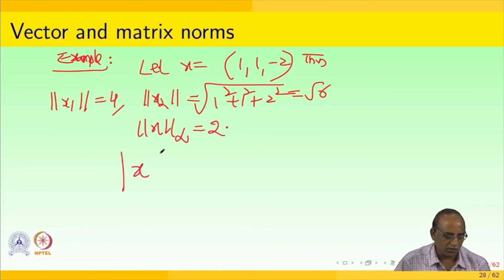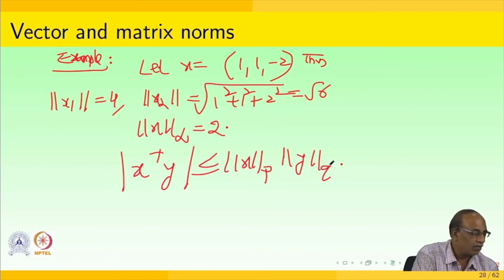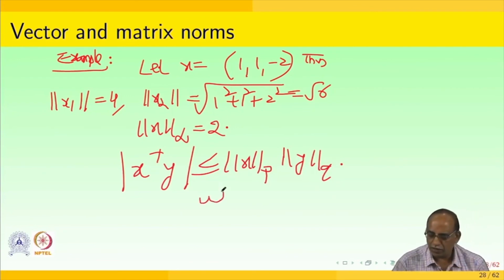So that means x transpose y is less than or equal to the p norm of x times the q norm of y. The relation between these two is that 1 over p plus 1 over q is 1.